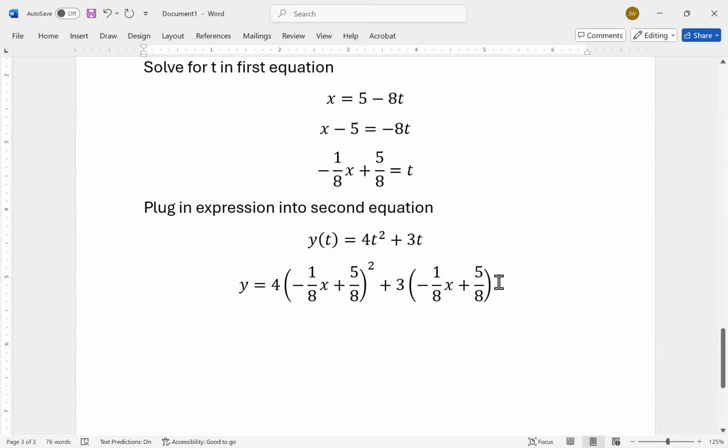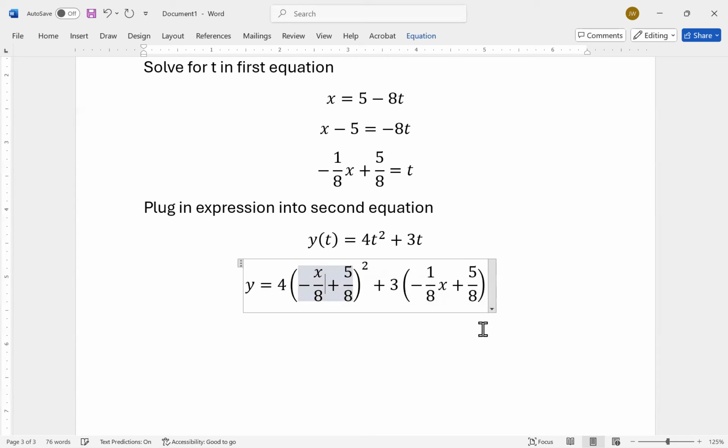Let's go ahead and just graph this as it looks right here, or if maybe it's a little bit easier to see this way. The -1/8 times x plus 5/8, I can think of that as -x plus 5 over 8 as a single fraction.